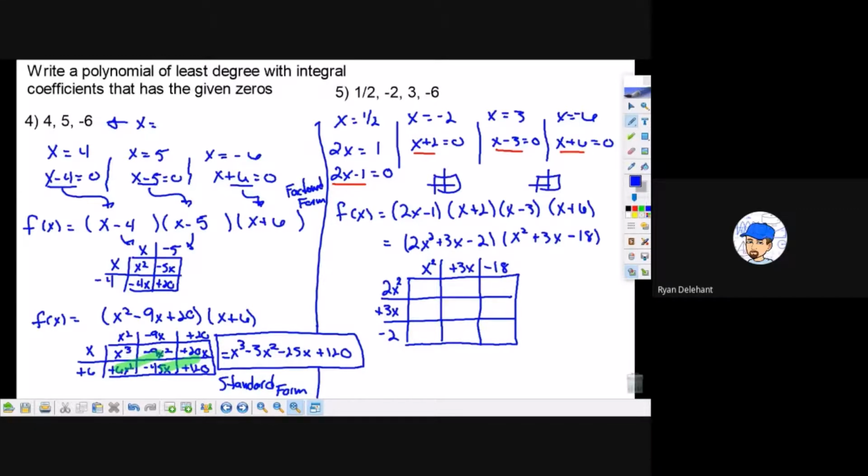And you guys have done this multiplication forever, right? Just be careful, because some of these things that you've done a bunch, you tend to rush through at the end after you did all the hard work of finding it in factored form. So just be cautious at the end. So 2x to the 4th plus 6x to the 3rd minus 36x squared.